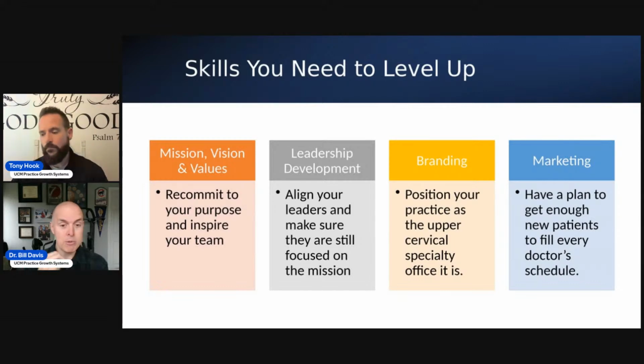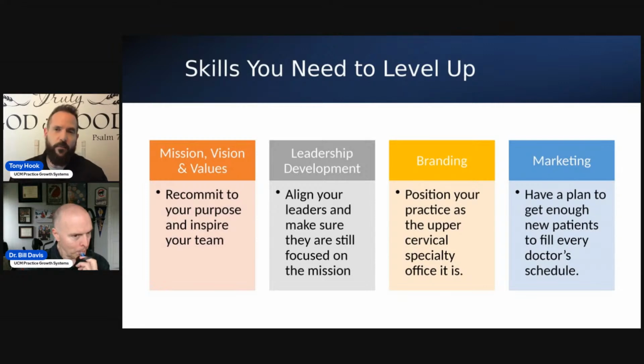Every time you add an associate, you've got another schedule to fill, right? So having that marketing plan in place is so important at these later stages of practice growth. Tony, thoughts on any of these skills that you see at this associate master level?